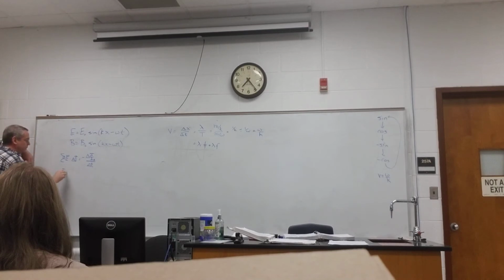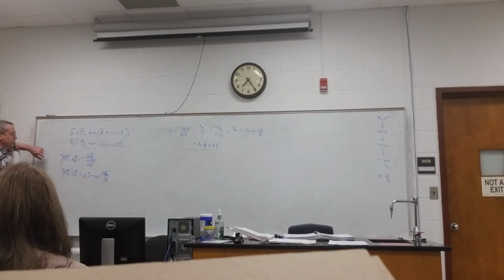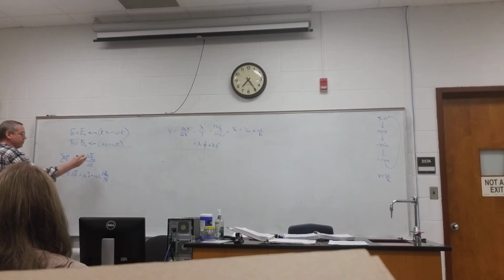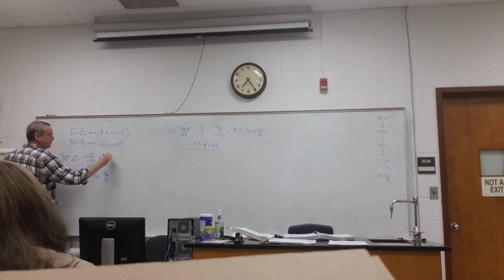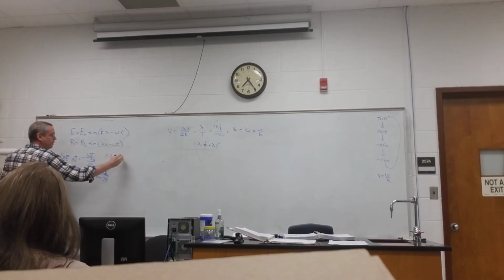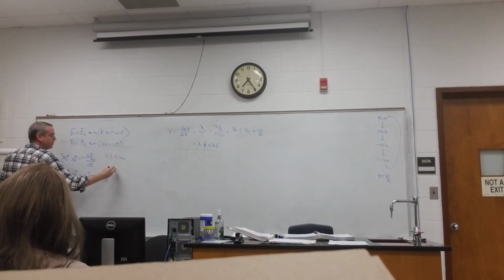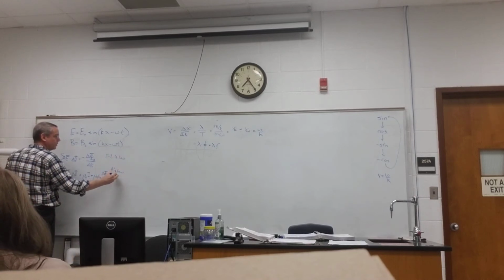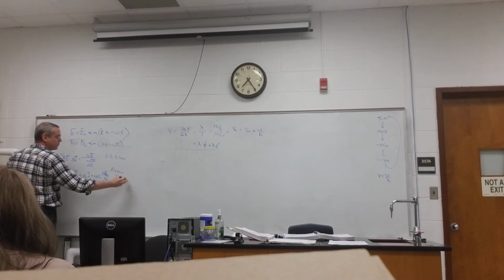And we'll exploit B dot delta L around a loop is equal to mu naught I plus mu naught epsilon sub naught change in electric flux over time. This first one is Faraday-Lenz's law. And this is Ampere's law with Maxwell's correction.